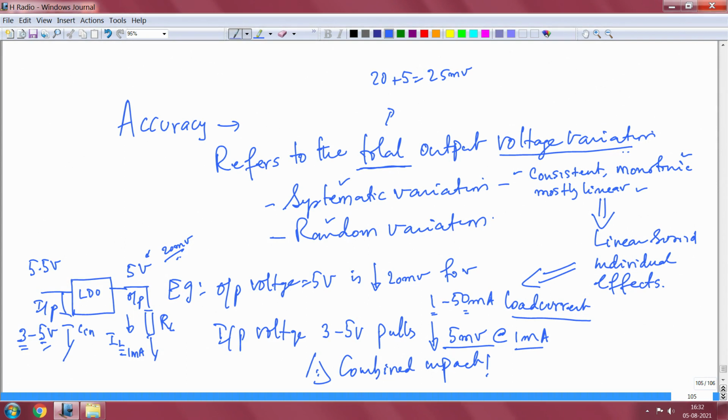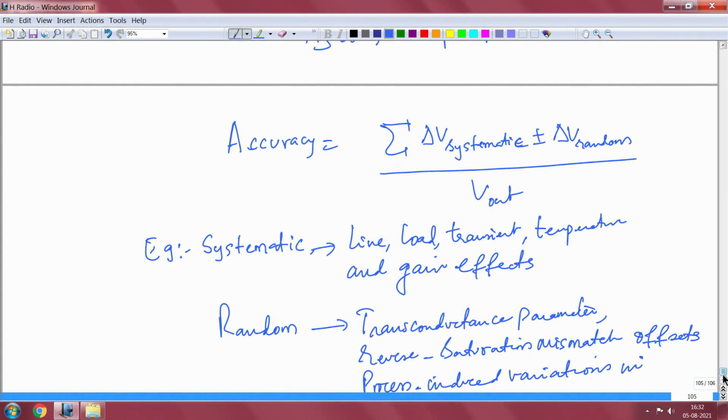Okay. So let me show you now some examples of what exactly we mean by that. You have line regulation, load regulation, transients, temperature variation, gain effects; these are all systematic, folks. Now what are random then?